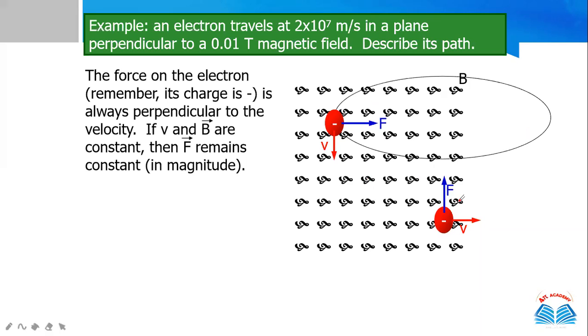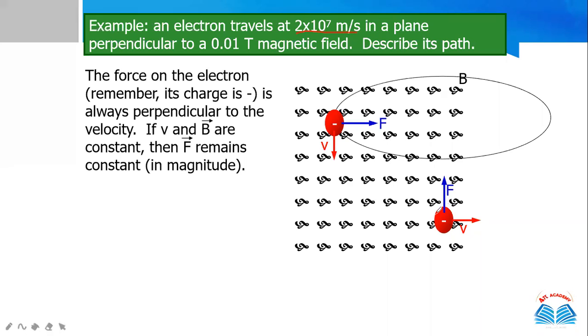Now, if I apply a velocity of 2 into 10 to the power 7 meter per second on this charge, and we suppose that the magnetic field is perpendicular to this velocity of the charge, you will be unable to see the perpendicular thing, because on a plane it is not easy to show.